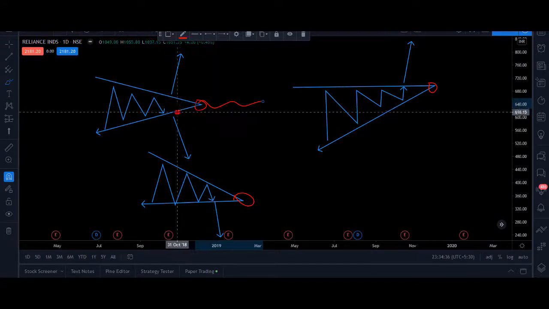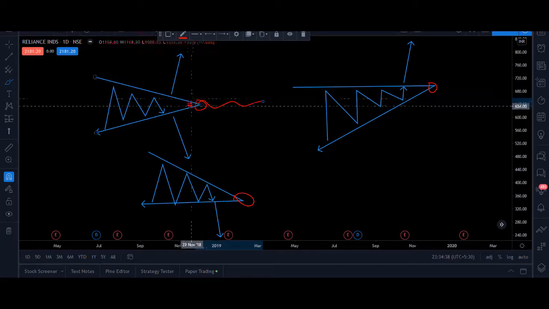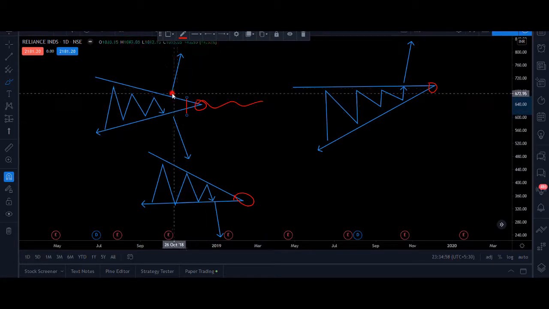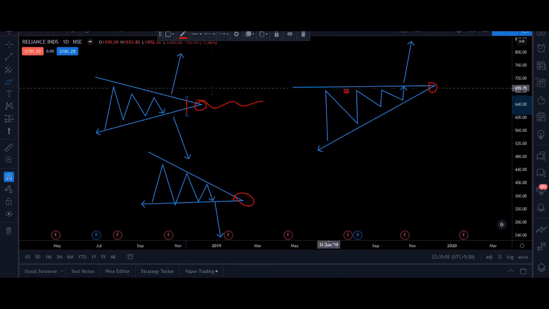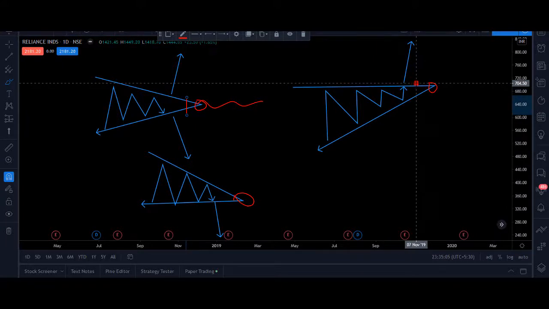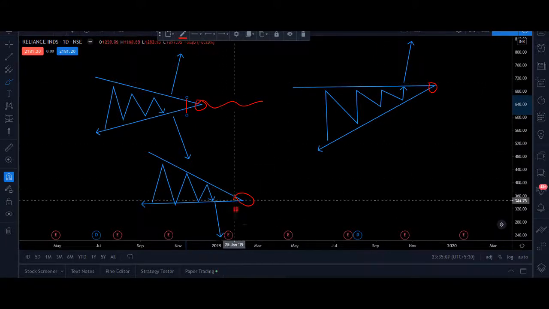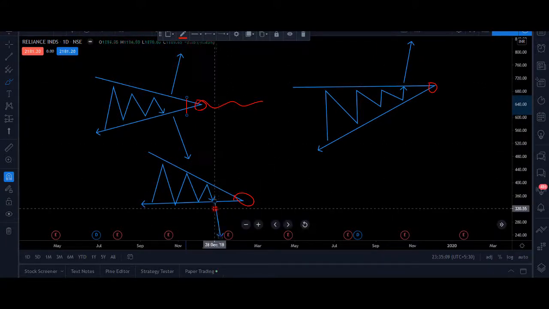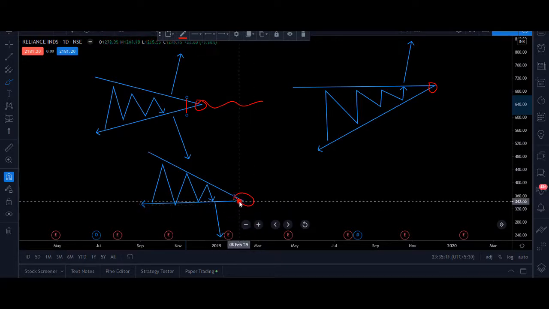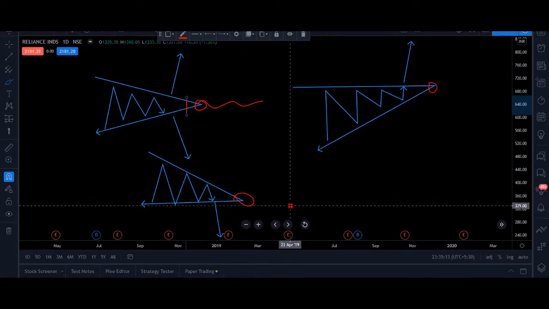The price can only break before touching this apex, anywhere here. You can only trade when the price breaks support or resistance in the symmetrical triangle. In the ascending triangle, it has to break the resistance. In the descending triangle, it has to break the support. If it breaks at the edge of the triangle, then you cannot trade it.